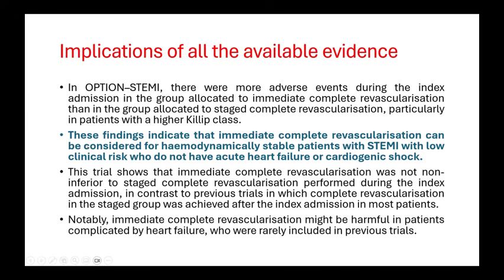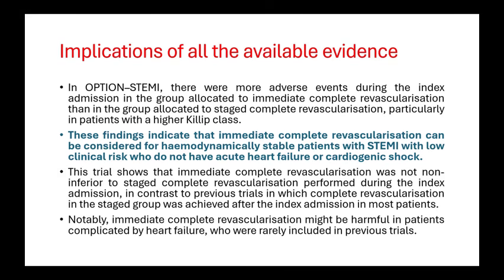So as I highlight here, those findings indicate that the immediate complete revascularization can be considered for which subset of patients? Hemodynamically stable patients with low risk and below the age of 65.